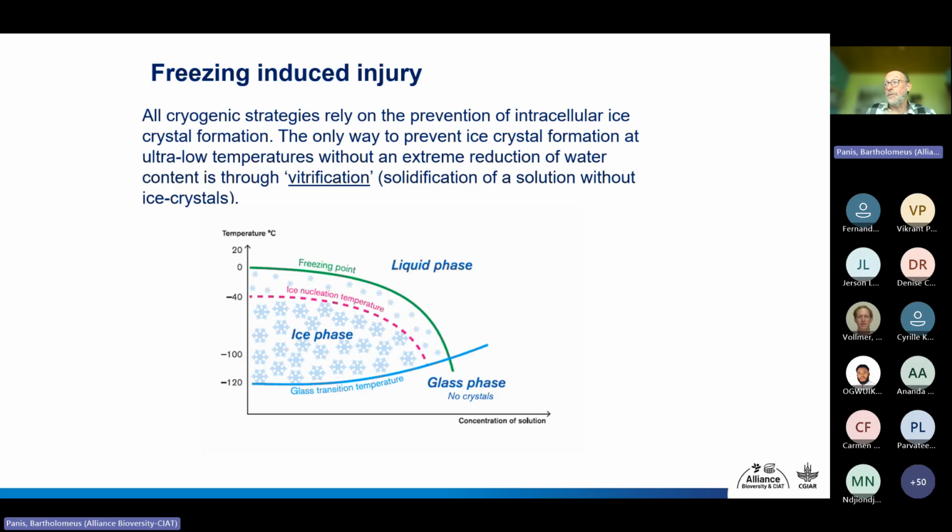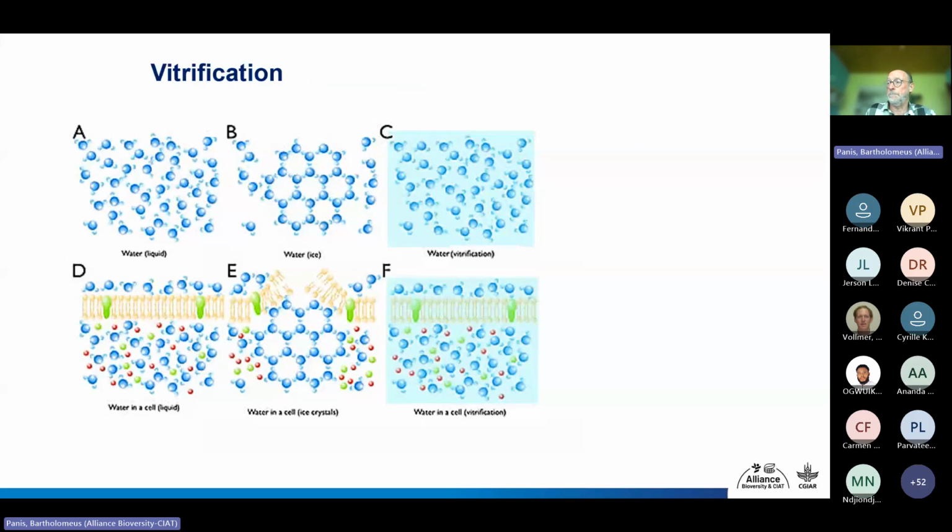Maybe you remember this from previous courses. The glass phase, or the vitrification phase. So what is vitrification? It is the solidification of a liquid without formation of ice crystals. I have shown here a hypothetical ice diagram, but maybe to explain a bit more, I use the following slide.